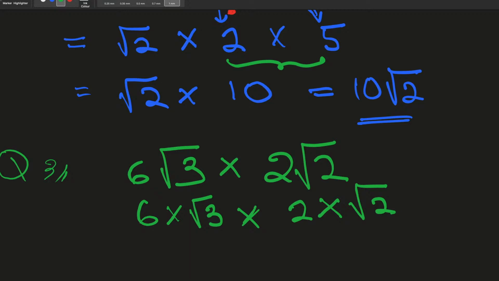What we have to do is group the like terms, as we saw the other day.